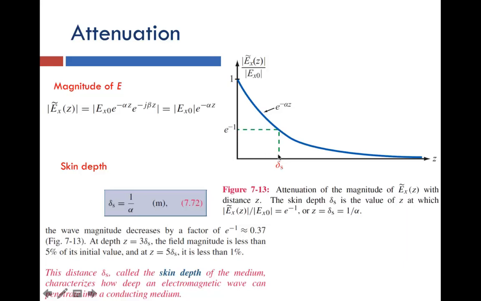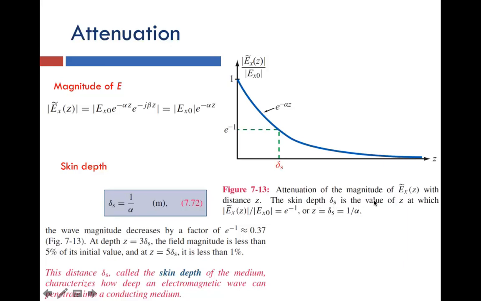And as it propagates into the material, it has an exponential decay. That exponential decay has a decay constant of 1 over alpha, and so that's referred to as delta S. Delta S is called the skin depth.